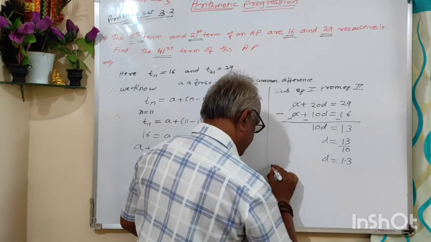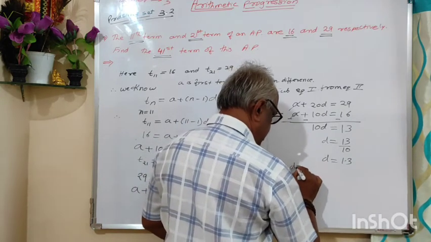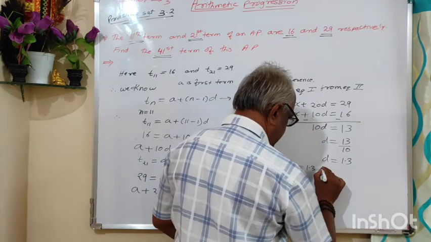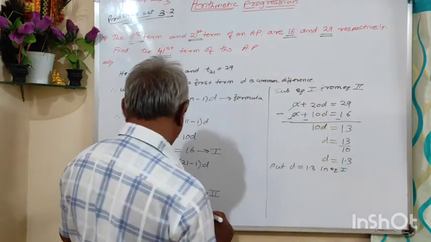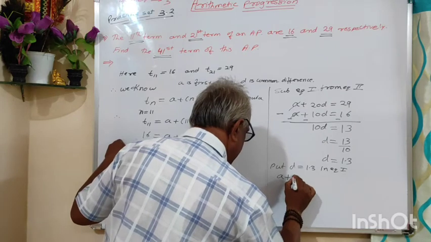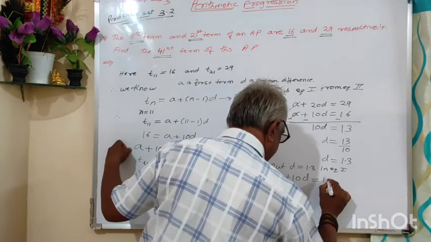Now put D is equal to 1.3 in equation 1. Equation 1 is A plus 10D is equal to 16.